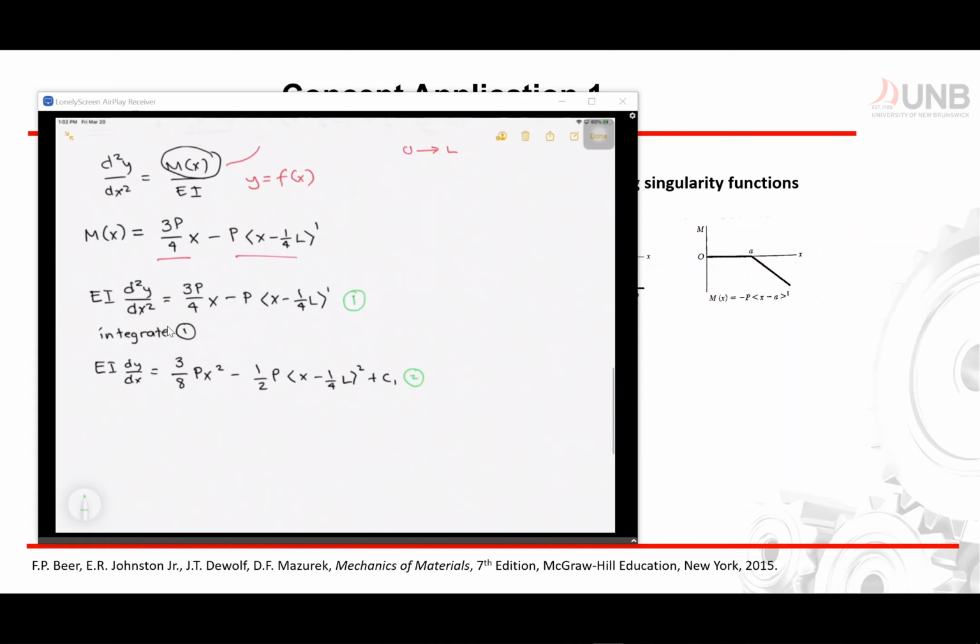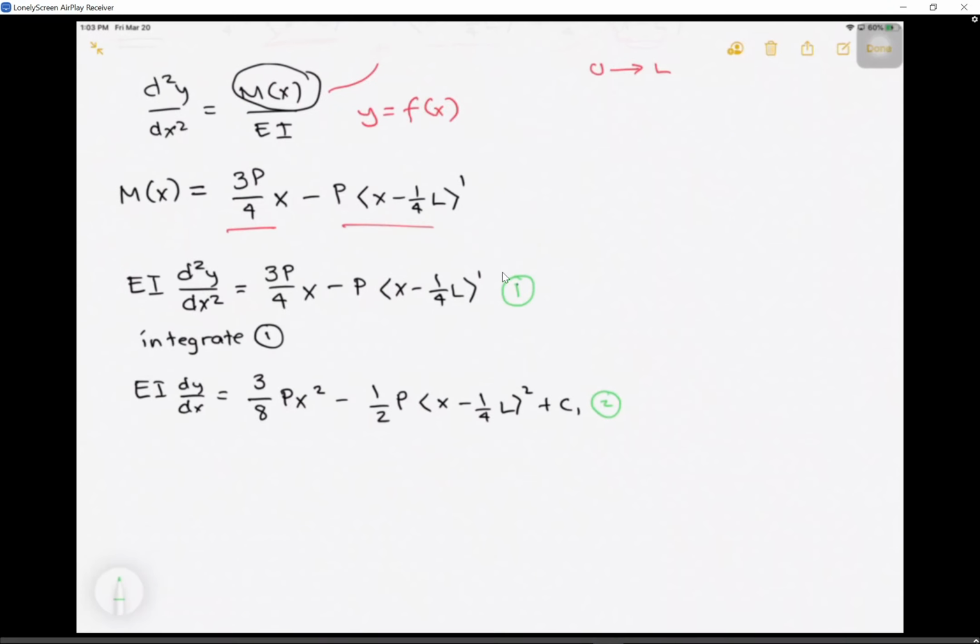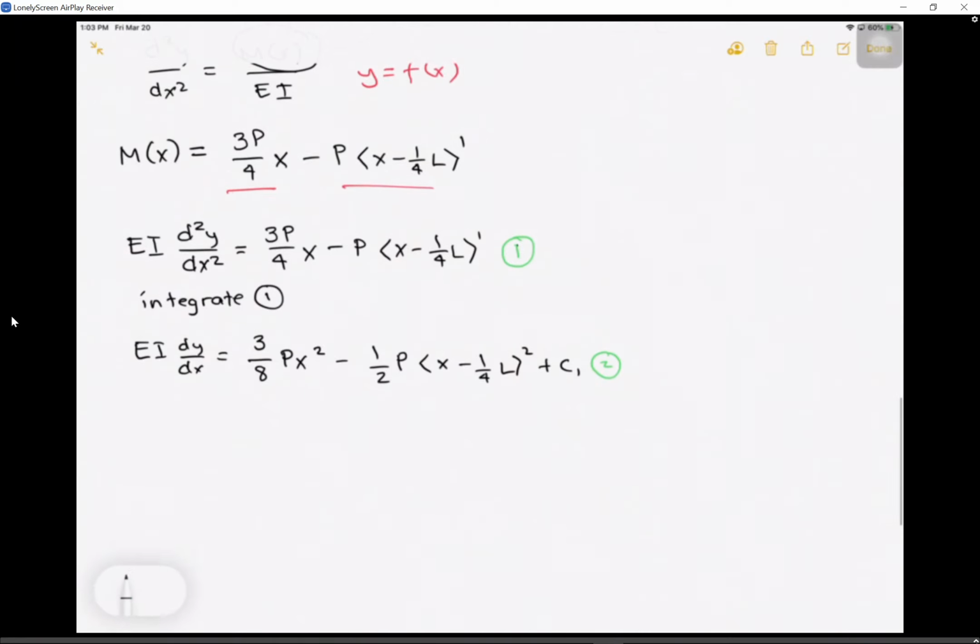Now we can further integrate this one because we are using a second order differential equation in order to get the equation of our elastic beam. Let's go back. So again, integrate equation number 2, and then we're going to have EI times y is equal to, so now this becomes y, or the deflection of your beam.